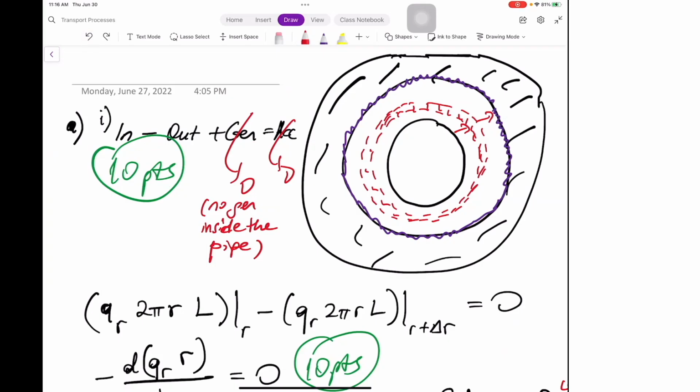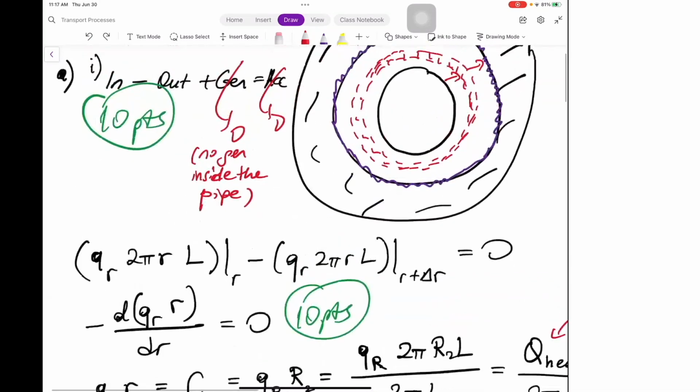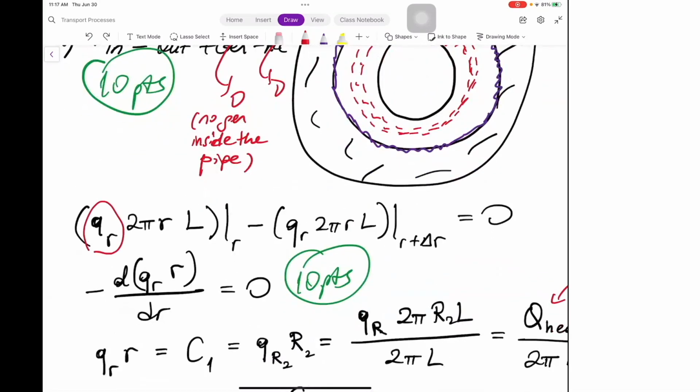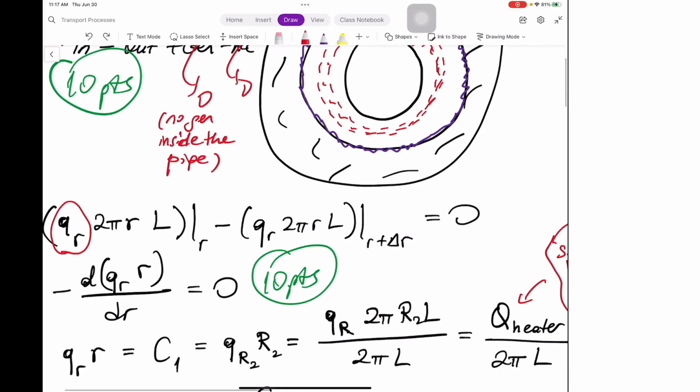And the other thing is I don't have accumulation because it's a steady state problem. I only have in minus out for the pipe, correct? And then if you do this for cylindrical geometry, you find that Q_r, the flux at r, times the area perpendicular, the area which the flux is perpendicular to, is 2 pi r L, the area of the cylindrical shell, minus, this is the out, flux times again the area.